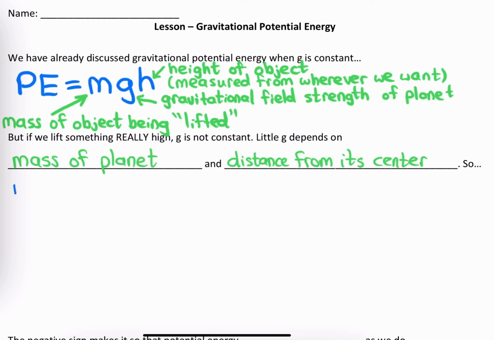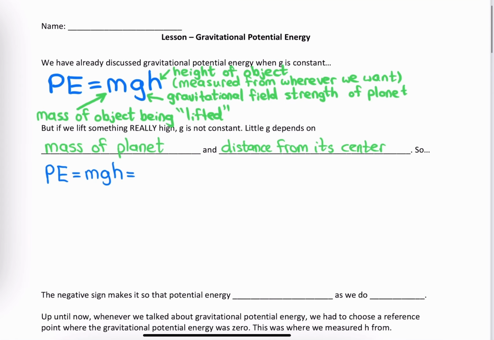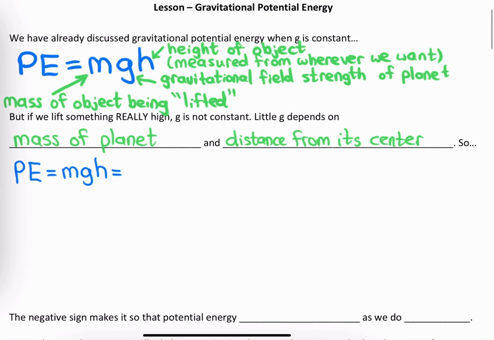Let's start with the same formula again. Potential energy, or gravitational potential energy, equals mgh. And now I'm going to rewrite it, but I'm going to sub in for little g the formula we have for little g.